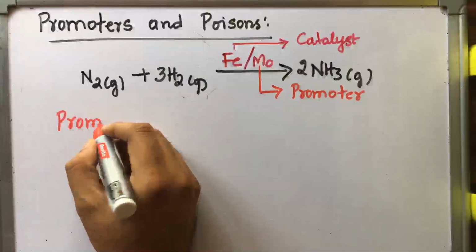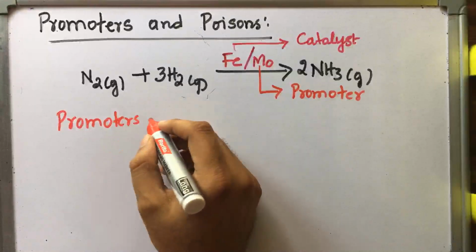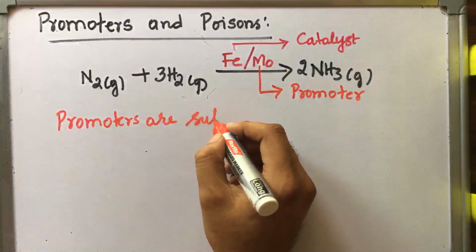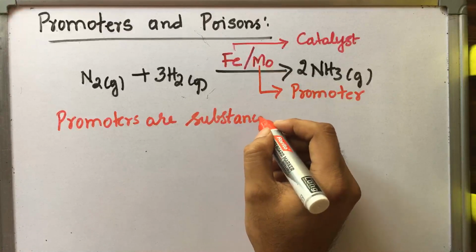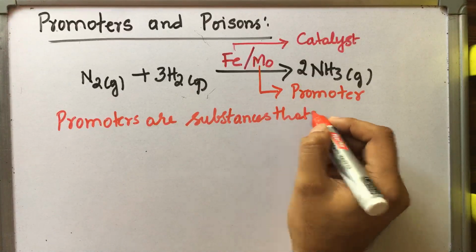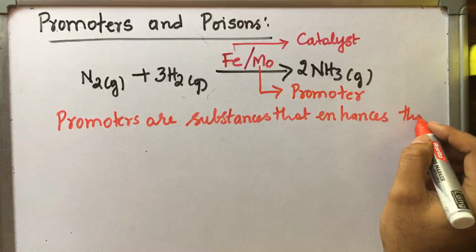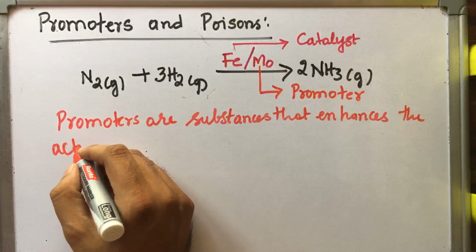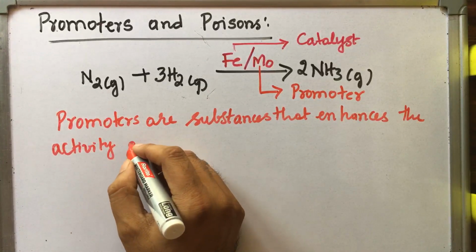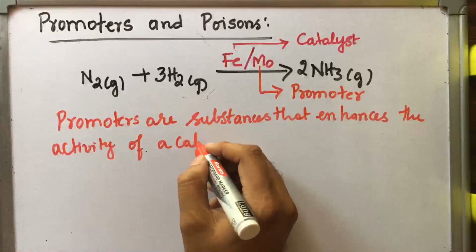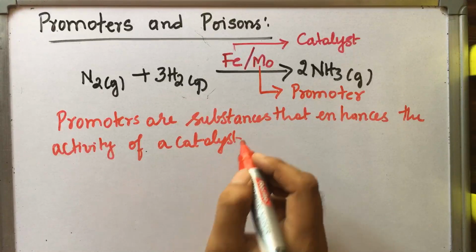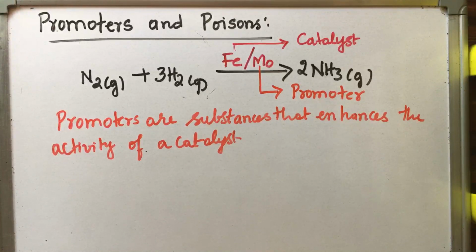Promoters are substances that enhance the activity of a catalyst. This can be asked. An example of a promoter: during the manufacture of ammonia by Haber's process, iron is used as a catalyst and molybdenum is used as a promoter. Is it clear, students?